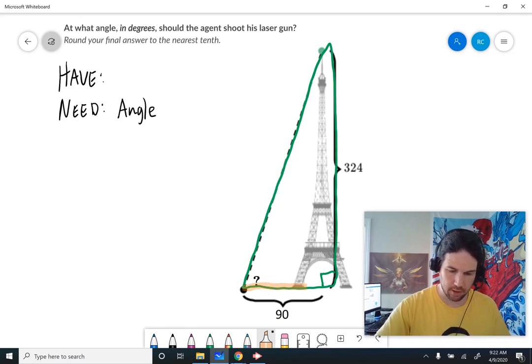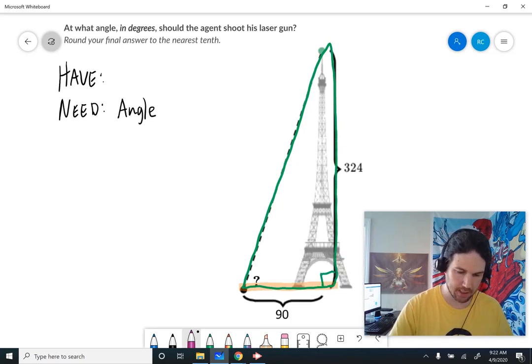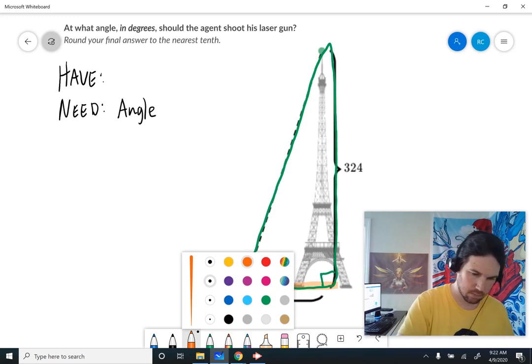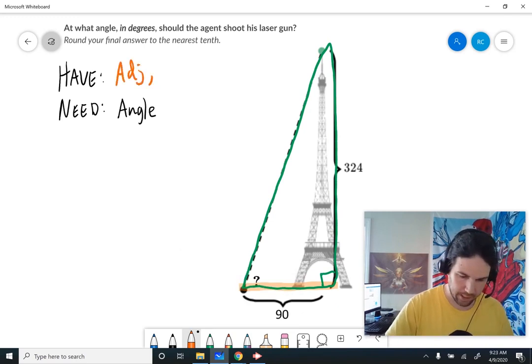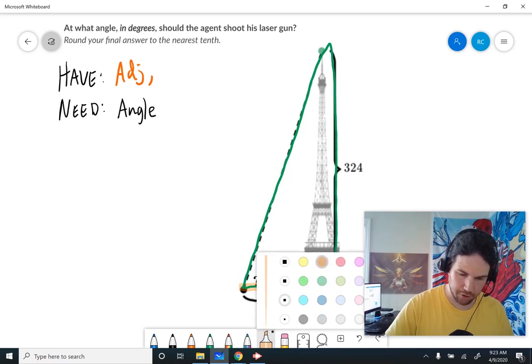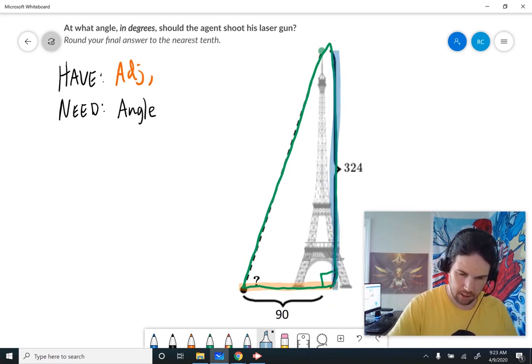This bottom leg looks like it is the adjacent leg. And this 324 looks to me like the opposite leg.